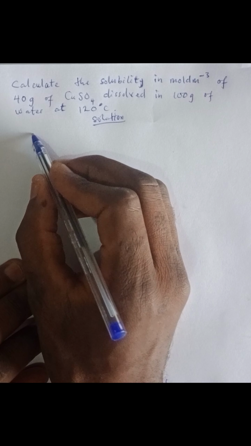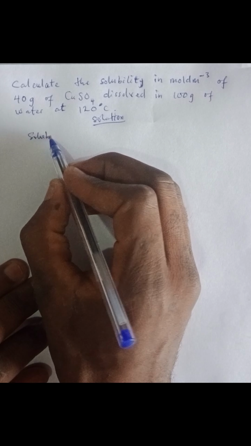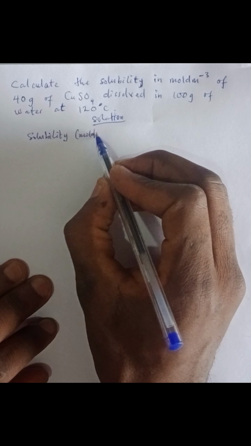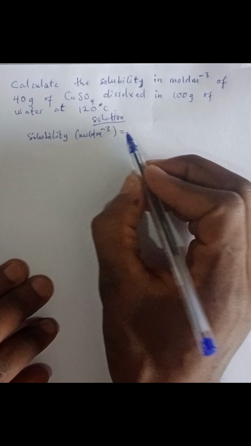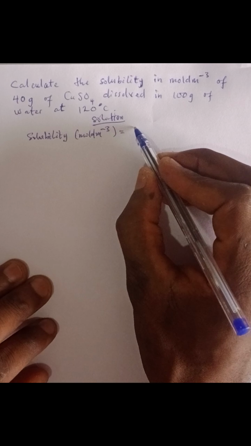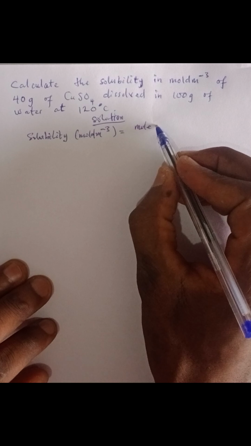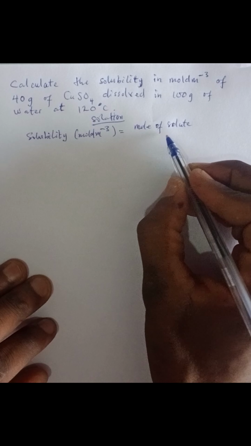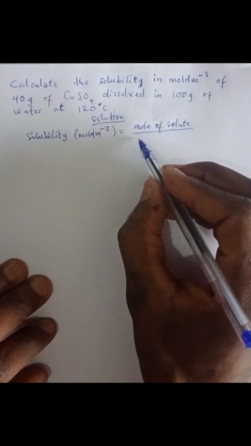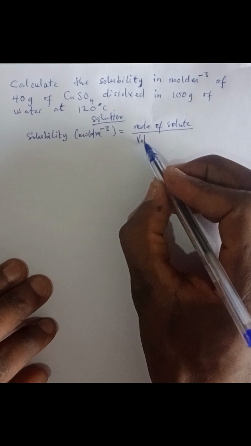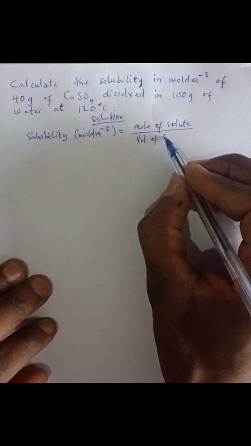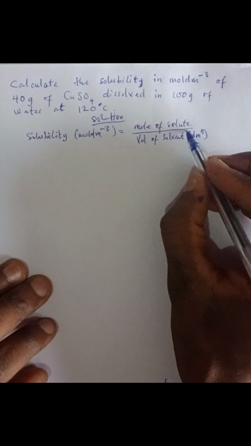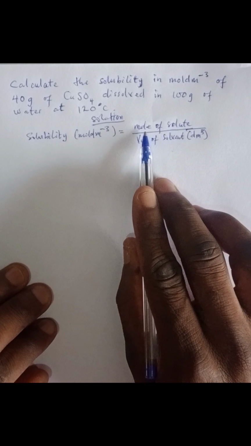And don't forget, our solubility in mole per dm cube will be equal to mole of solute divided by volume of solvent in decimeter cube.